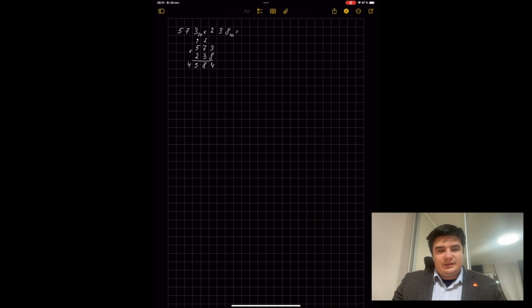Next, we move to the second digit of the bottom number, which is 3. As noted before, we'll start placing the result of multiplying by this digit one place to the left. This shift occurs because we are effectively multiplying 573 by 30, broken into two steps, first by 3, then by 10. Multiplying by 10 is essentially shifting all digits one place to the left. So 3 times 3 gives 9, then 7 times 3 gives 21.